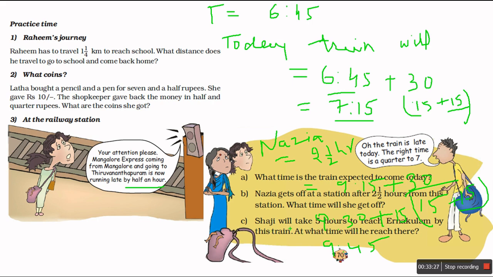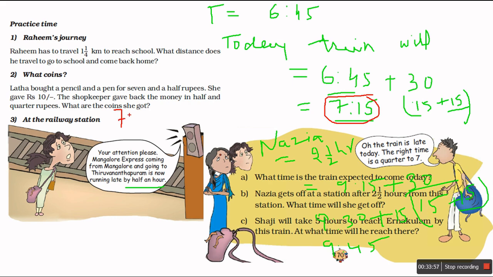Next question is Saji will take 5 hours to reach Ernakulam by train. At what time will he reach there? Saji will take 5 hours to reach Ernakulam by the train. At what time will he reach? So today the train will reach at 7:15, and now 5 more hours from here to Ernakulam.